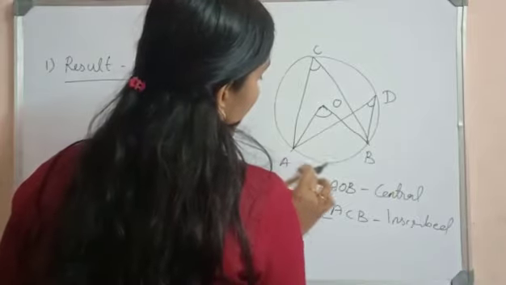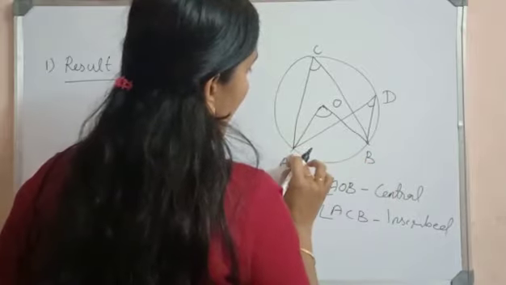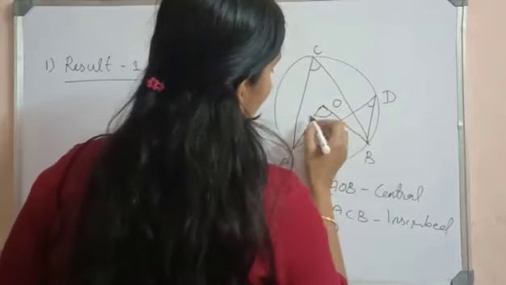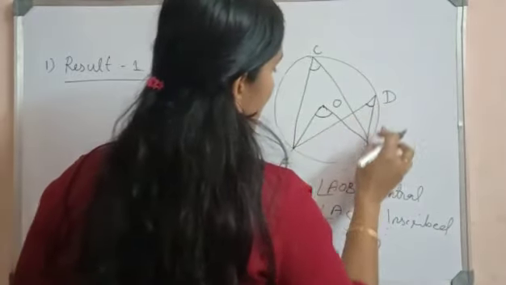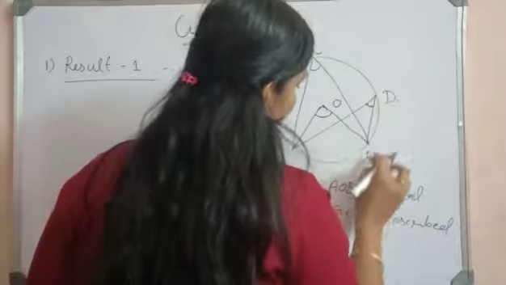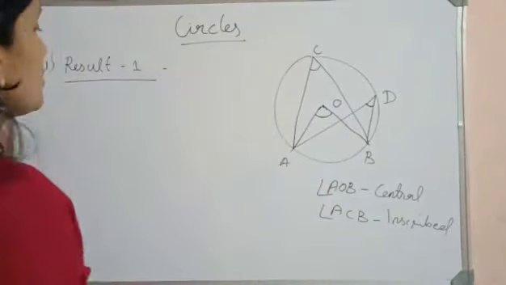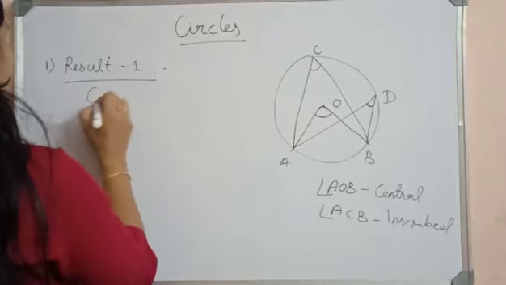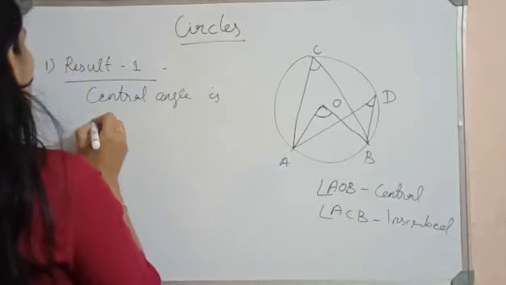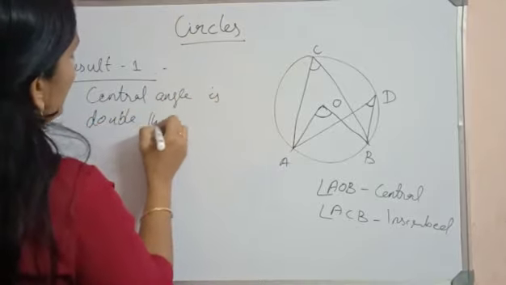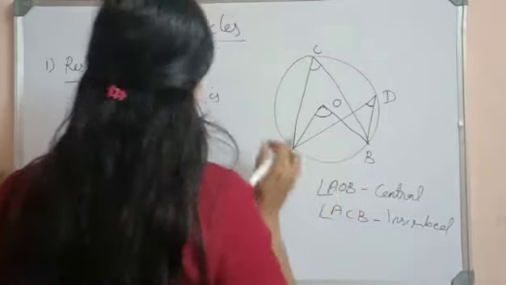This ADB is also formed by the same arc AB, and AOB is the central angle, which is double that of ADB. So as per the first result, the central angle is double the inscribed angle, and it should be subtended by the same arc.